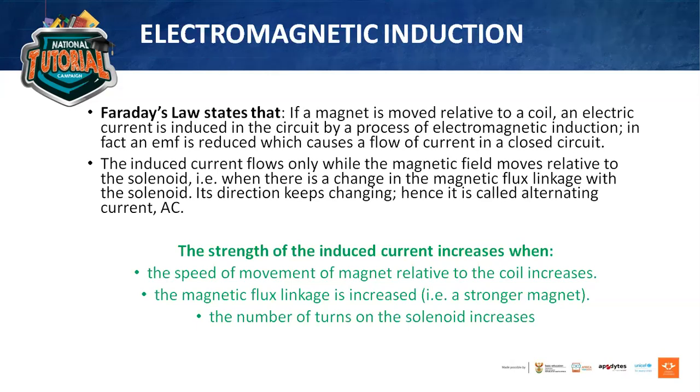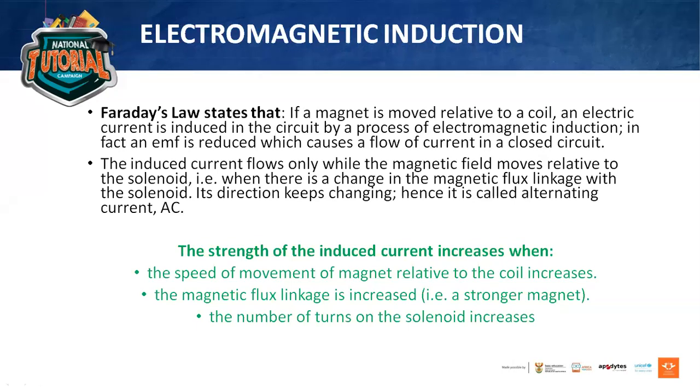So Faraday's law states that if a magnet is moved relative to the coil, an electric current is induced in the circuit by a process of electromagnetic induction. In fact, an EMF is produced, which causes a flow of current in the closed circuit. So that's Faraday's law.